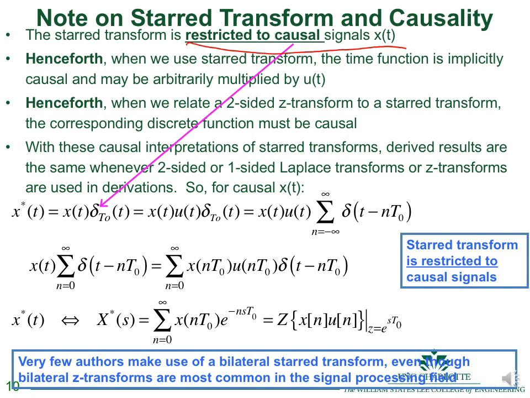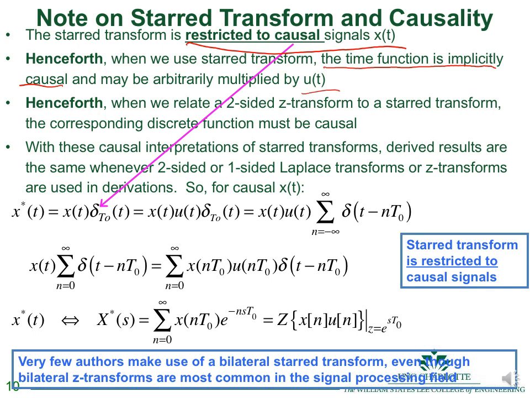And so it's 0 for any time less than 0. Whenever we say a star transform, we're already going to imply that the function is causal and may arbitrarily be multiplied by the unit step.